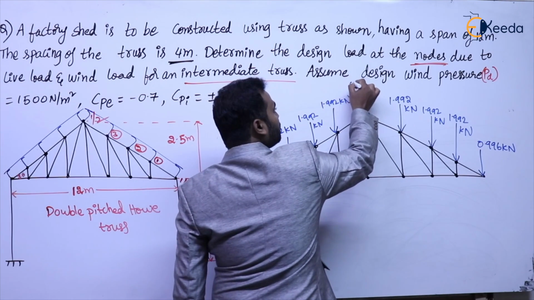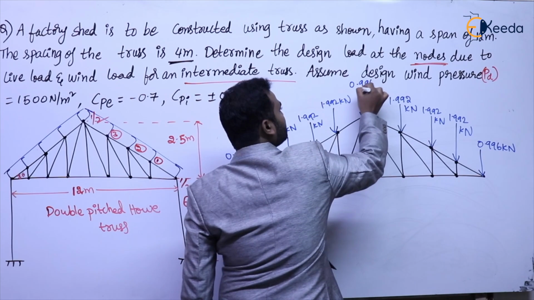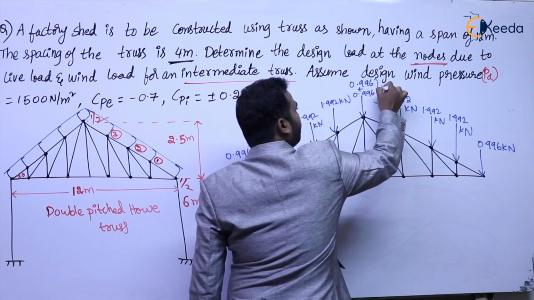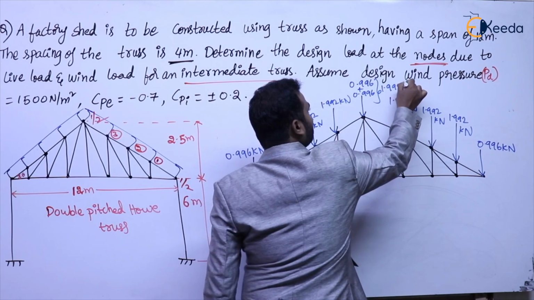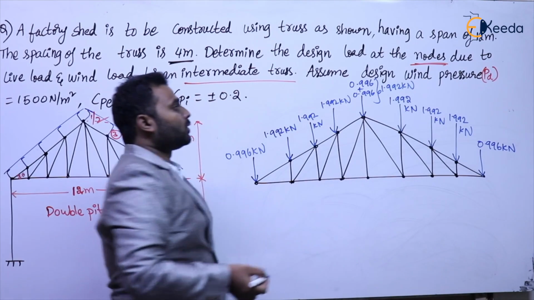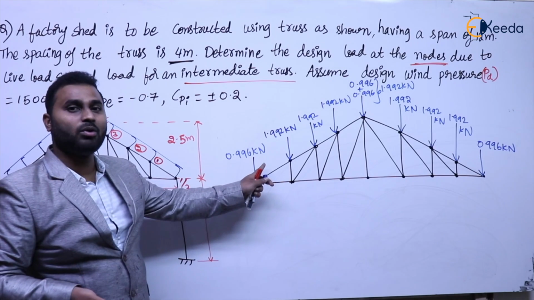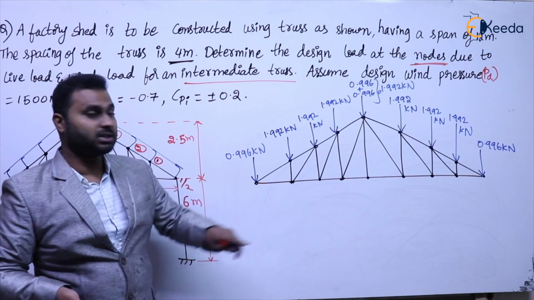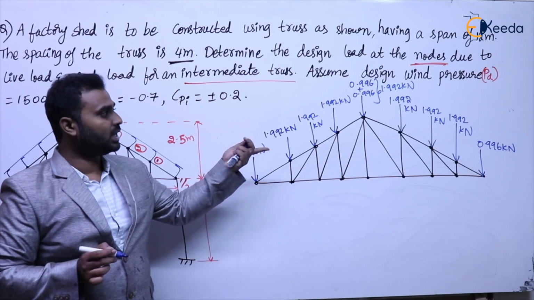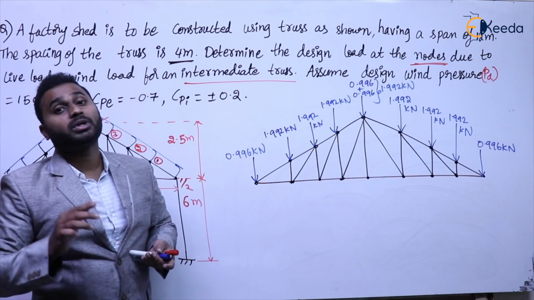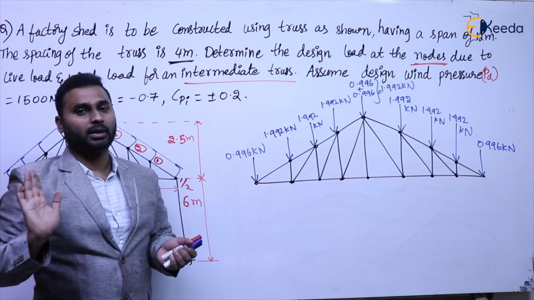It means 0.996 plus 0.996, so total is 1.992 kilonewton. So these are the live loads on the nodes of the given truss. Is that okay? So first you take it down, and later we'll see how to calculate the wind load and represent it on the given truss.